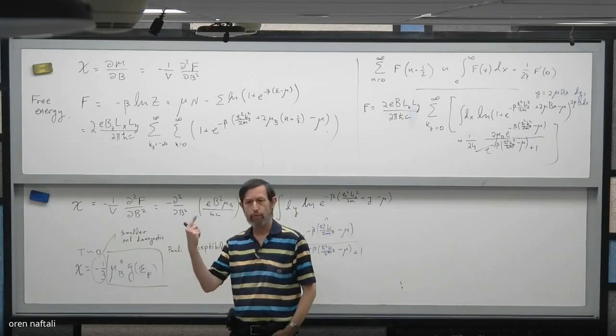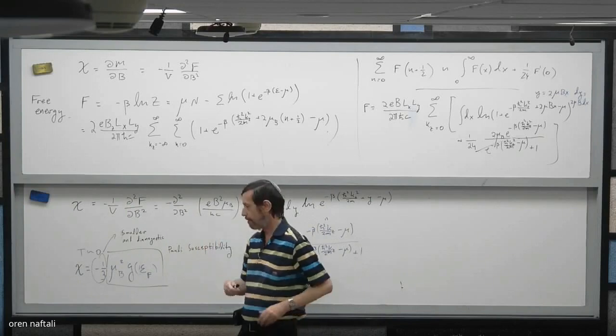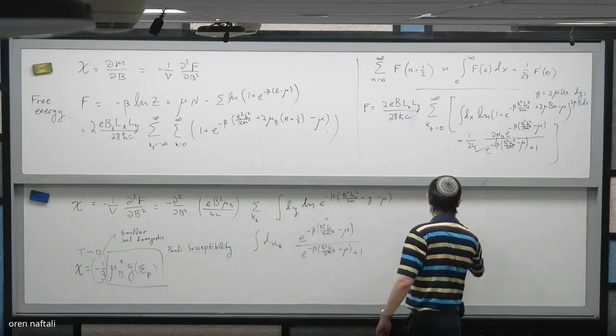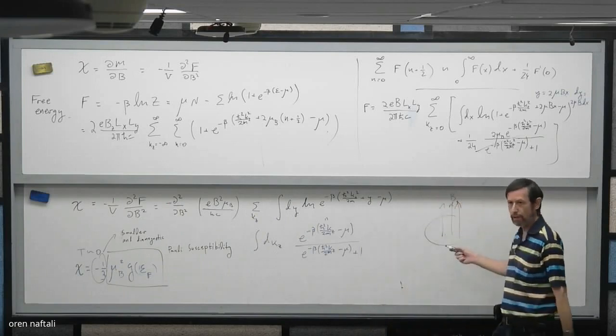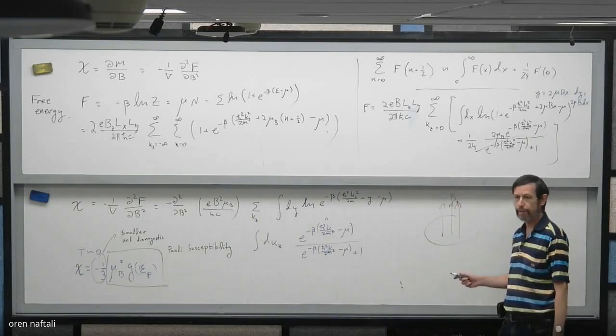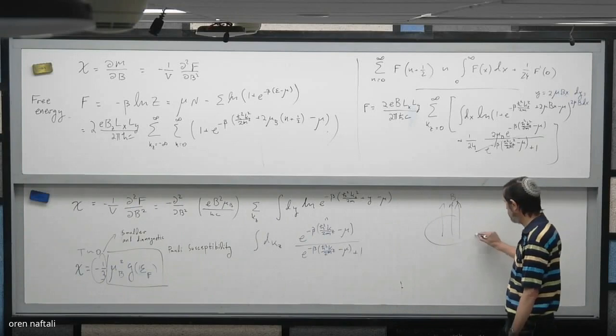What do you remember from high school if I have a time-dependent field and I'm pushing a field through a loop? What will be the direction of the magnetic field created by the current in this loop?